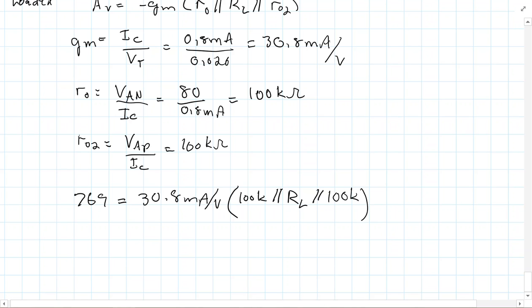And now we just solve this. The way I would solve this is first to write 769 divided by 30.8 milli, so we get 24.